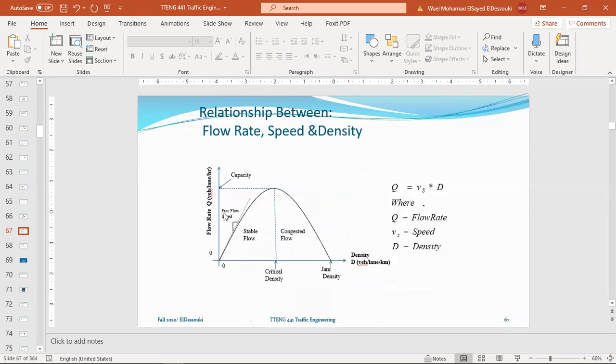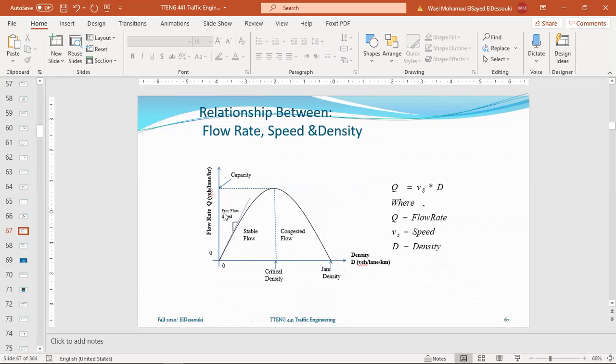Then the flow rate, that's a relationship between flow rate and density. As we can see, once the density is low, the flow rate can increase, it keeps increasing until it gets to the point, to the capacity or the saturation flow rate.